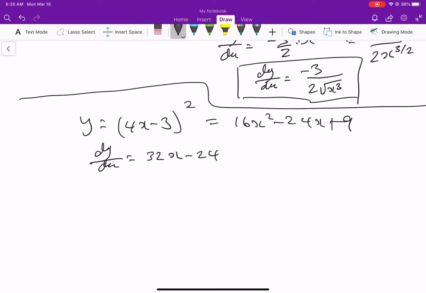And of course, whenever you differentiate a constant, 9 is indeed a constant, you get 0. dy dx in this case is therefore that expression.